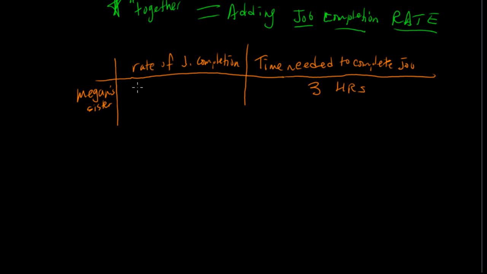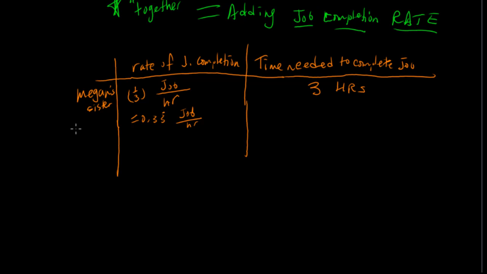So the rate of completion is 1/3 jobs per hour. If you want to convert it into decimal, it's really equal to 0.33 repeating jobs per hour.